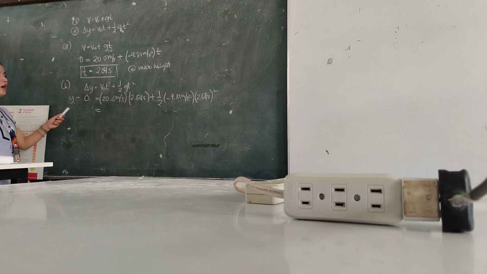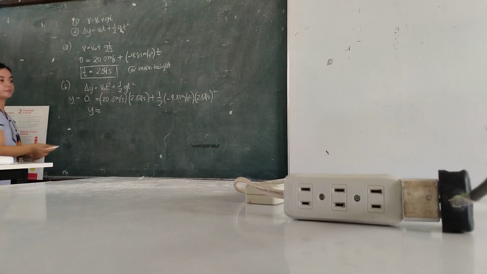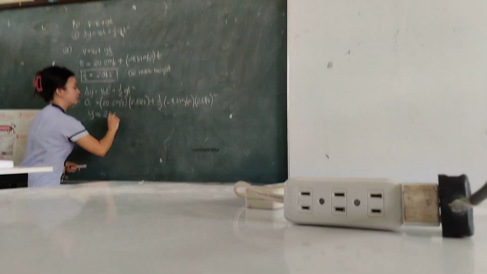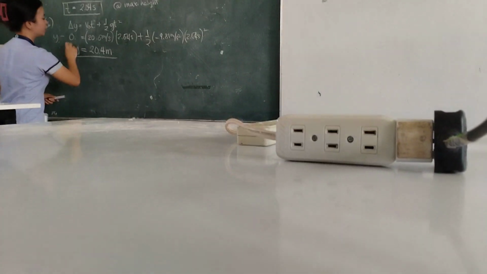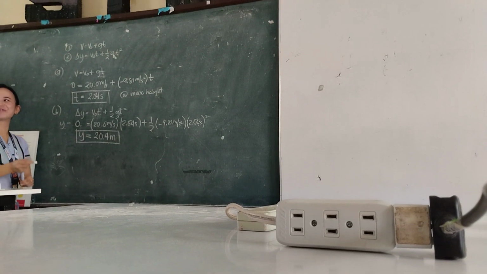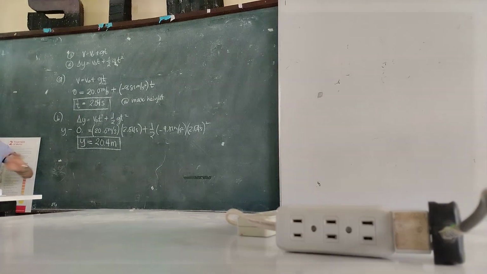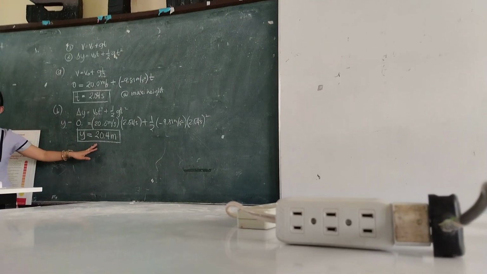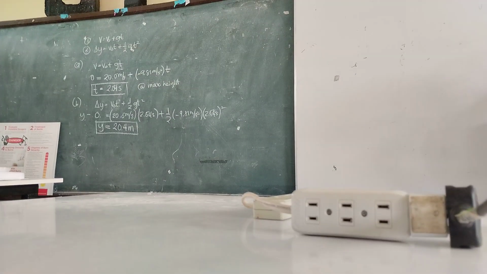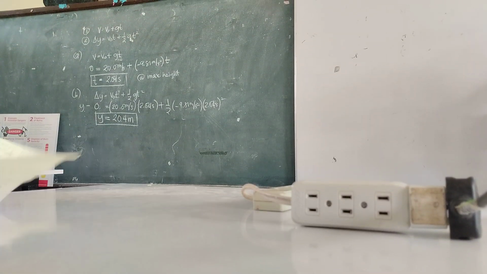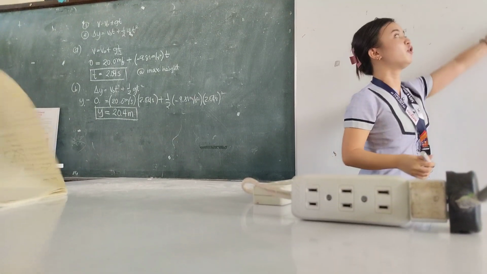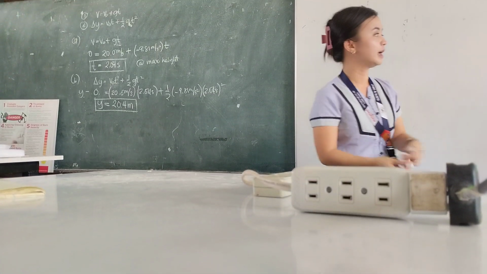So you have your Y equal to 20.4 meters. So you have positive 20.4 meters. Next, letter c.